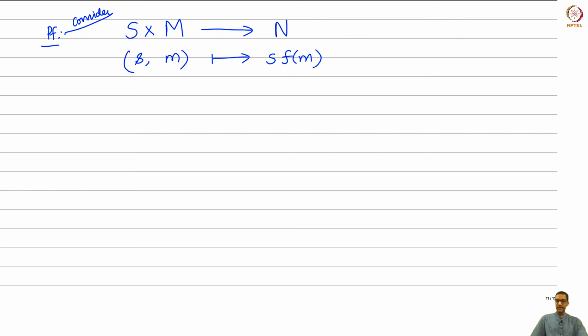This is well defined because N is an S module. Okay, so this is some map. I claim that this map is actually R balanced.